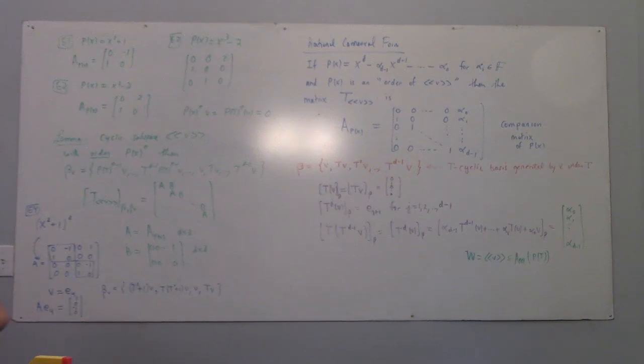I thought V would be 0, 0, 0, 1, unless you're going by rows. V would be 0, 0, 0, 1? Yeah, because TV is... so A times e4 would be, yeah, you get the 1 there. That should be 0, minus 1. Yeah, I don't know.